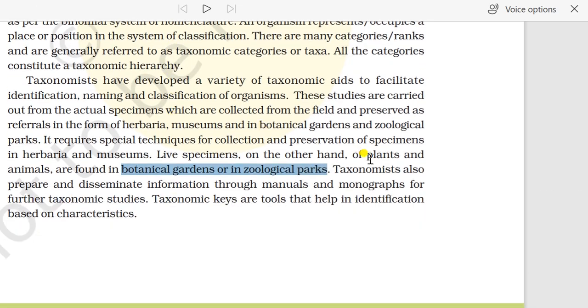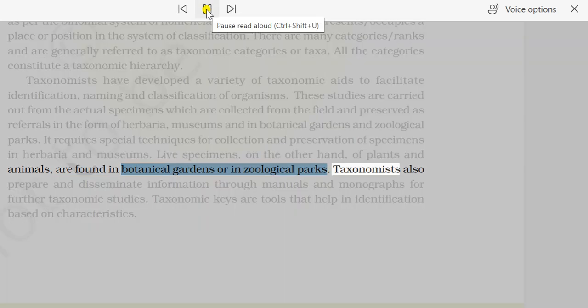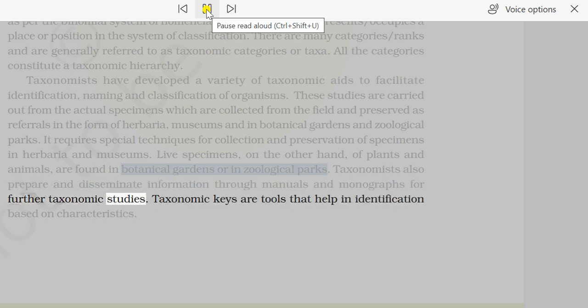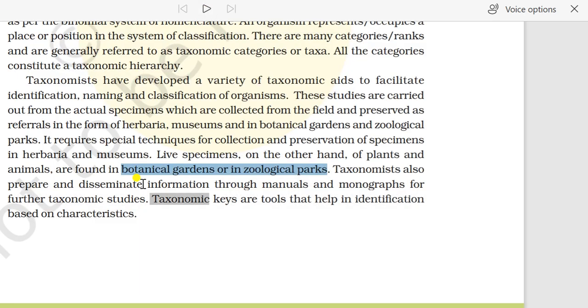Taxonomists also prepare and disseminate information through manuals and monographs for further taxonomic studies. What is disseminate?